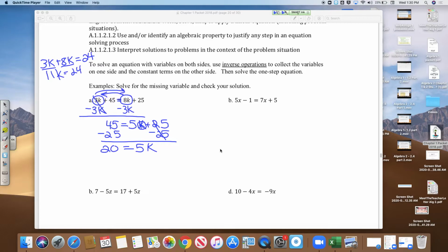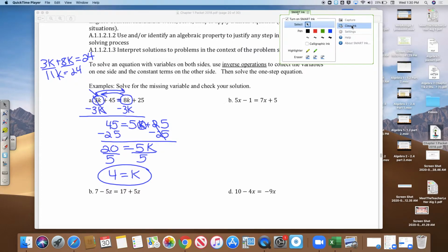The last thing I'm going to do is divide both sides by 5, and we're going to get our answer is 4. Now you can always take your answer and double check to make sure it works by replacing 4 in for the k's up top here and seeing if it actually does work out to be true, and it will.